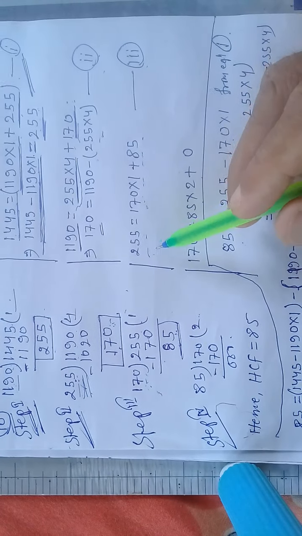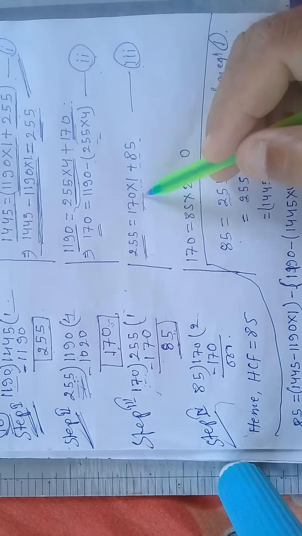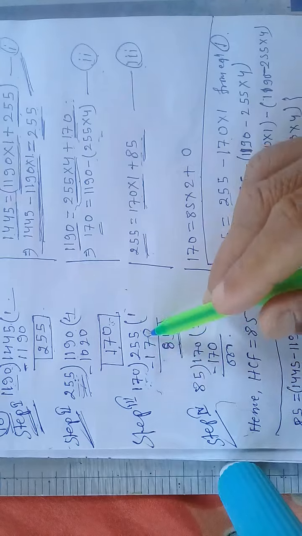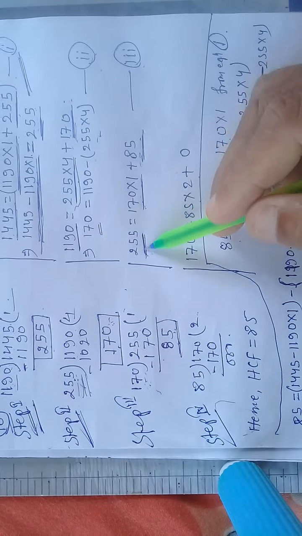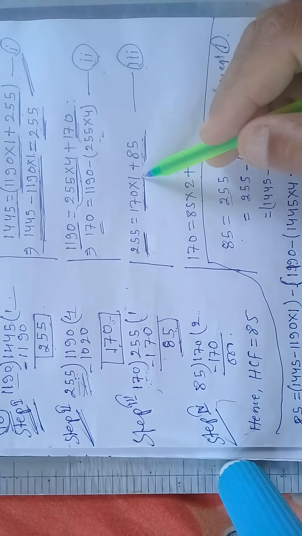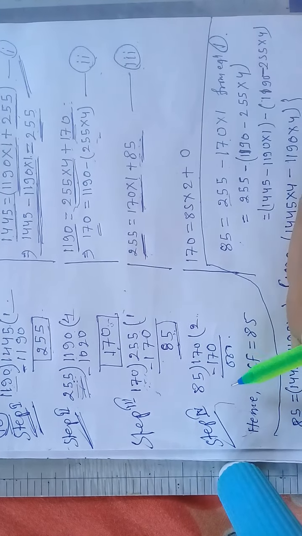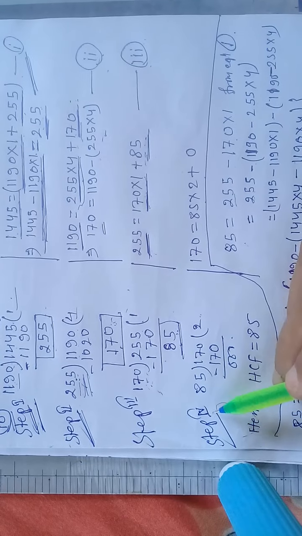By Euclid division lemma, dividend is equal to the product of divisor into quotient plus remainder. In this step 3, 255 is the dividend, 170 is the divisor, 1 is the quotient, plus 85 is the remainder. Equation 3.